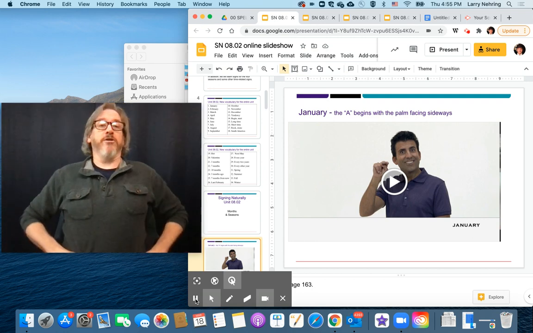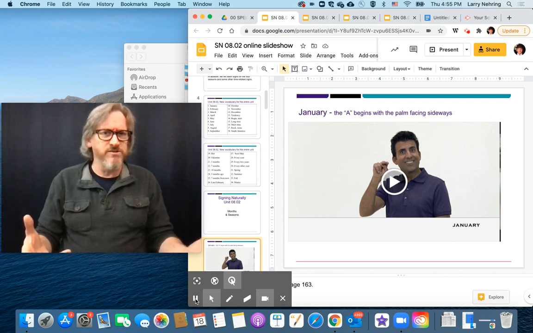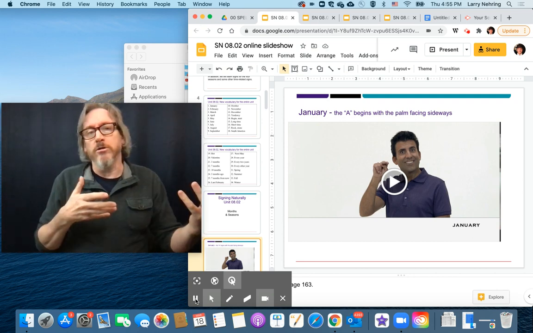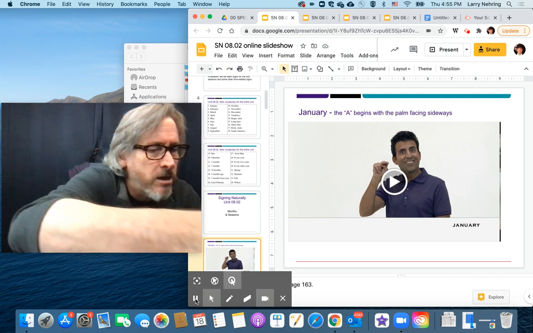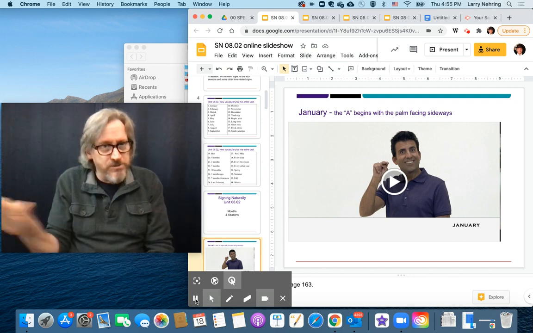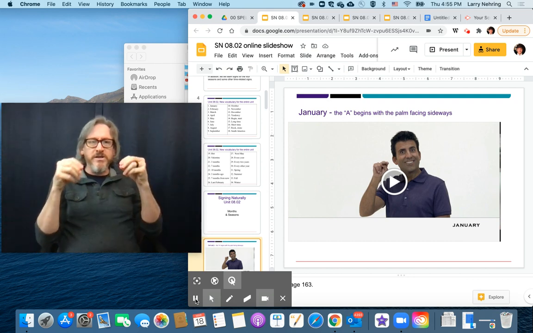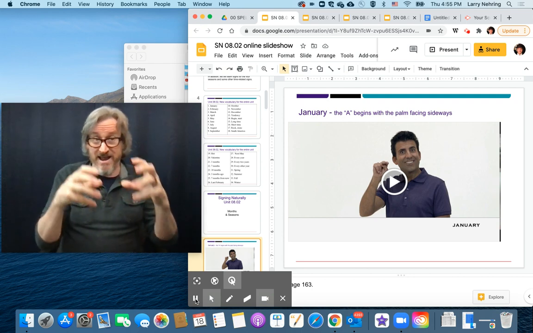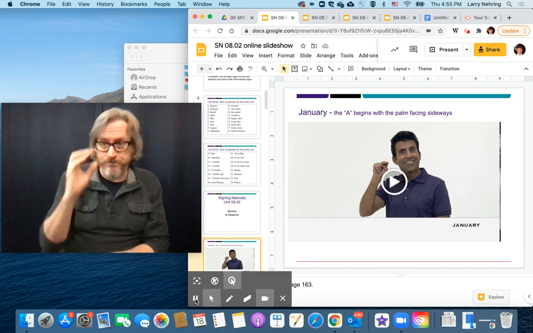Because you want them to get your name right, especially if you're one of the 18 different ways of spelling Kirsten, then you want to make sure that the other person's getting that. So that is fingerspelling your name. If you're fingerspelling a business name for the first time, something that you want to make sure the other person gets every single letter, fingerspell slowly and be clear.